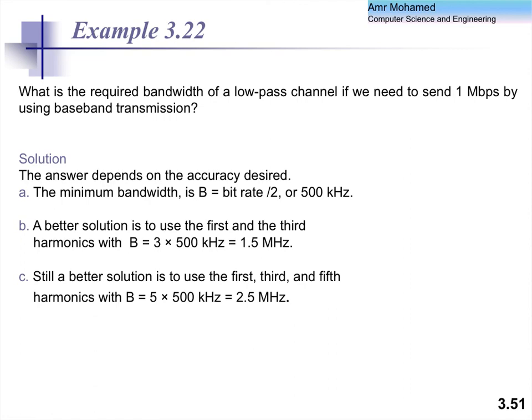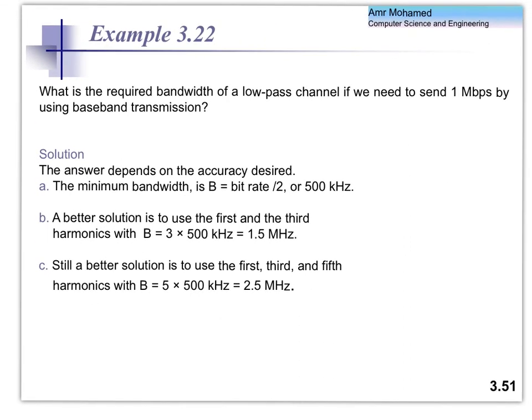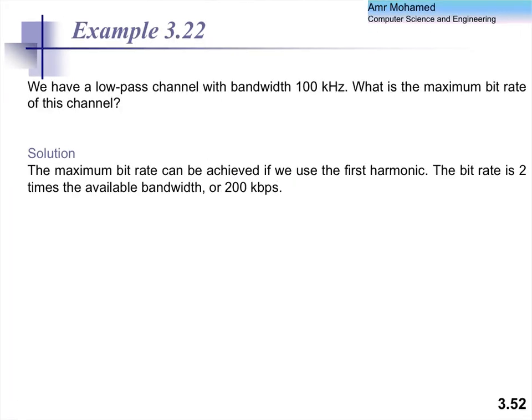This example shows the low pass channel if we need to send 1 megabits per second. If we use one single harmonic, the bandwidth is n over 2, which is 500 kilohertz, or 3 times or 5 times. So that's very easy.